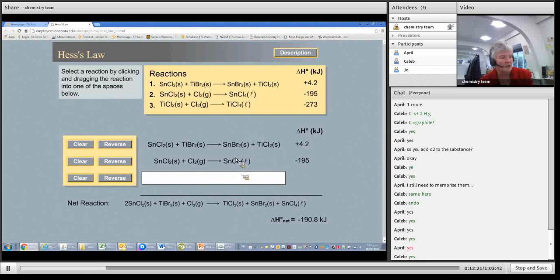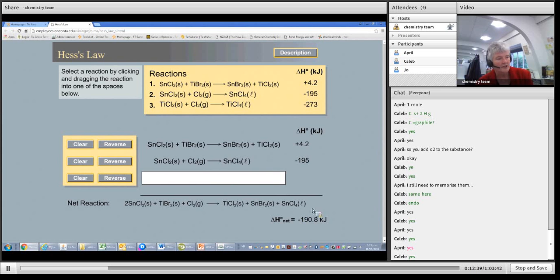And then can you see, if I add all this up, there's my tin bromide, here's my tin chloride, and here's my tin tetrachloride. The titanium chloride and my tin tetrachloride.